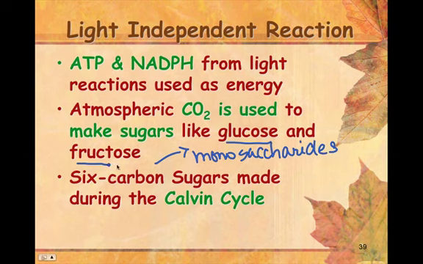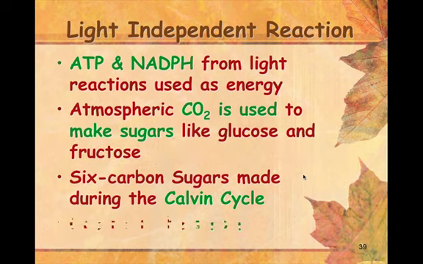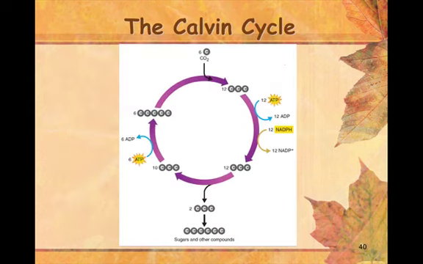Glucose, fructose, and the other one is galactose. And this occurs in the stroma, that gel-like substance that's in between the thylakoids. And that's called the Calvin cycle.